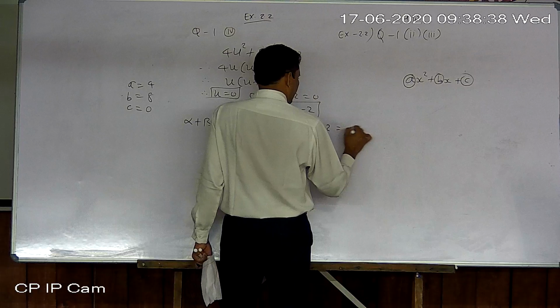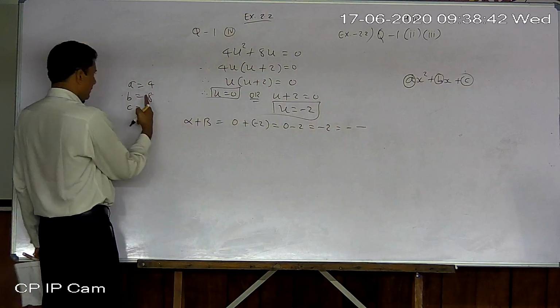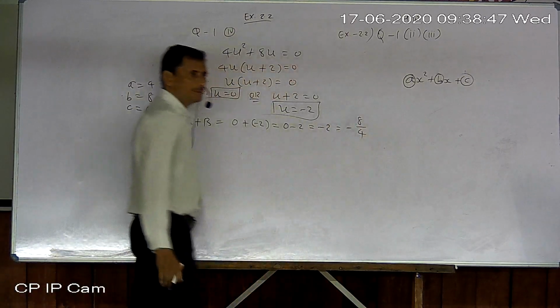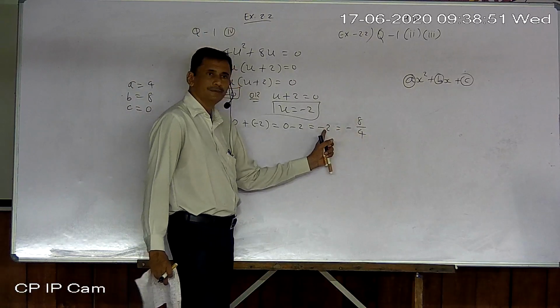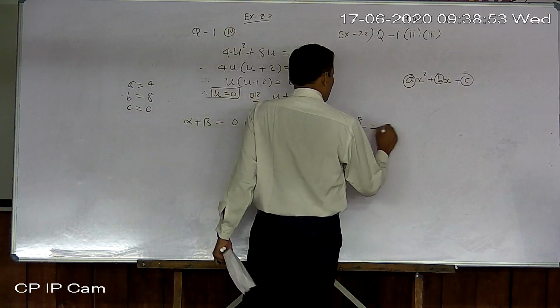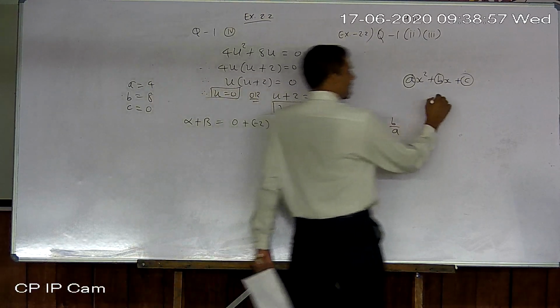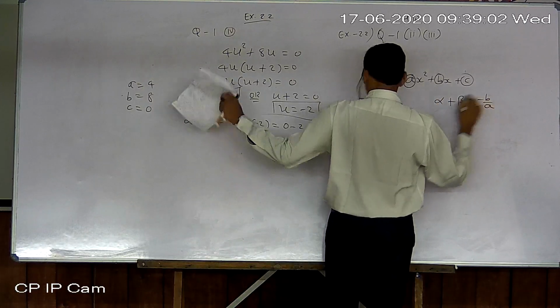So that is nothing but minus 2 only. Look here, minus 2 only. So it is equal to minus b upon a. You remember this one.